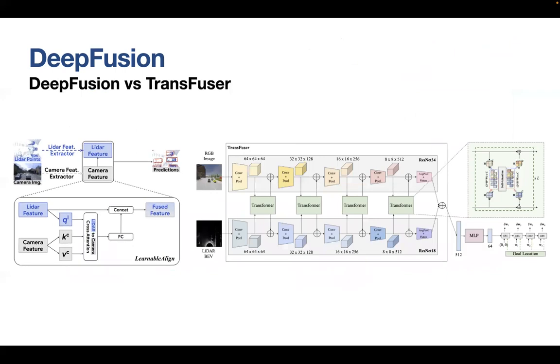As probably most of you have noticed, this is extremely similar to the TransFuser method that we looked at, and there are a couple of differences. On the left-hand side, we have DeepFusion. On the right-hand side, we have TransFuser from a couple of weeks ago. One of the major differences is that the left-hand side is a 3D-oriented model, and on the right-hand side, we map everything to 2D and perform all the operations in 2D.